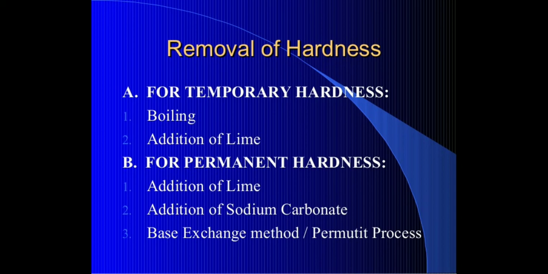And in the last, we discussed the base exchange method or permutit process. This method is for removing permanent hardness of water. So this way, we discussed all these points in detail.